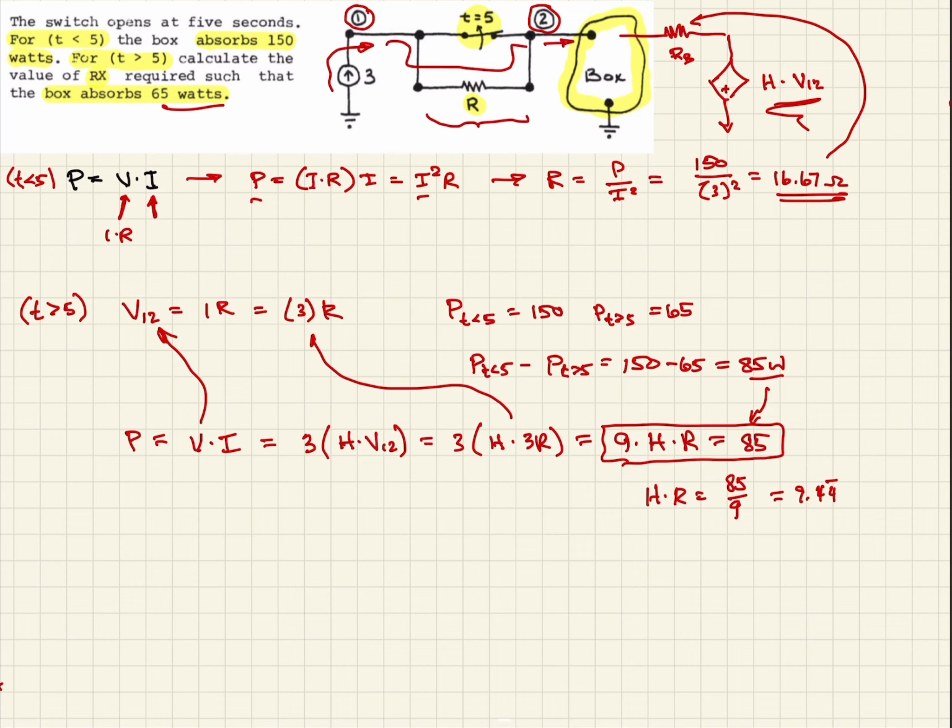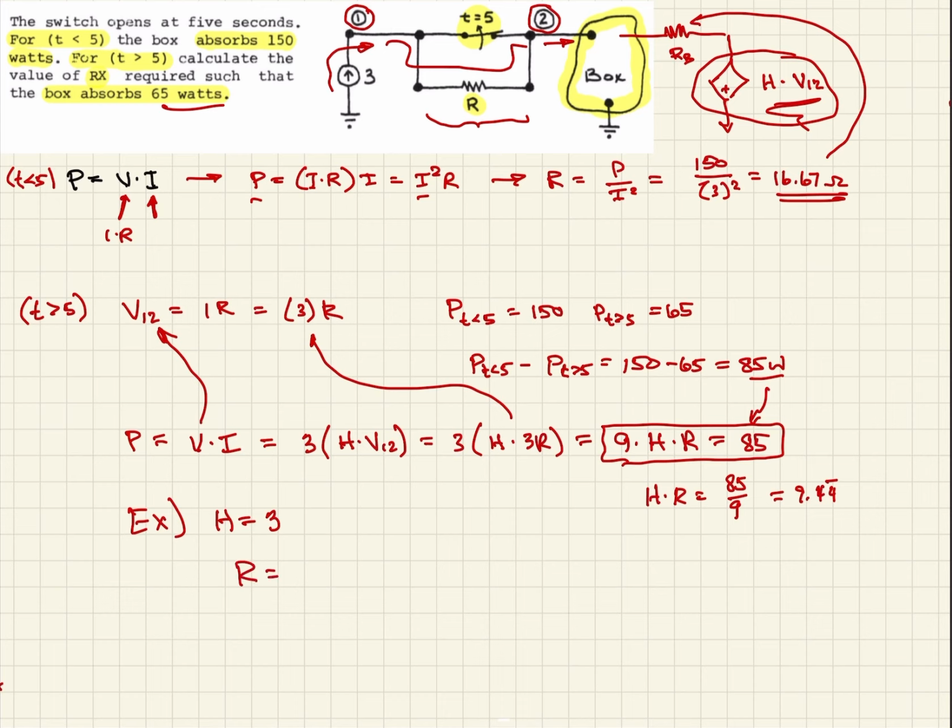So if we took, for example, then that H was equal to 3, you had a multiplier of 3 on your dependent source here, we could calculate what R would have to be to satisfy these power requirements for the switch open and close.